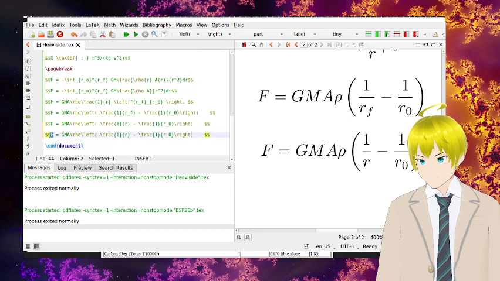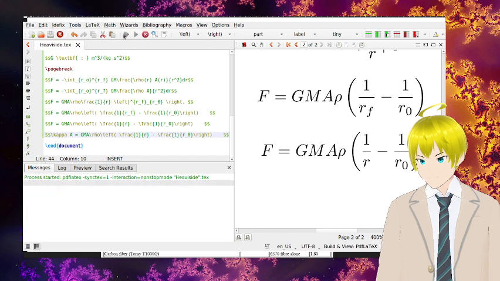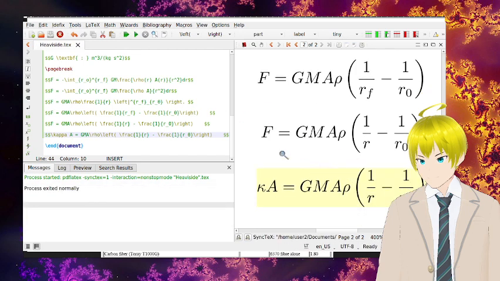So this over on the right is going to be, what is the symbol that they're using for stress? I believe it's a kappa times area. This is force per area times area. And then the areas cancel.